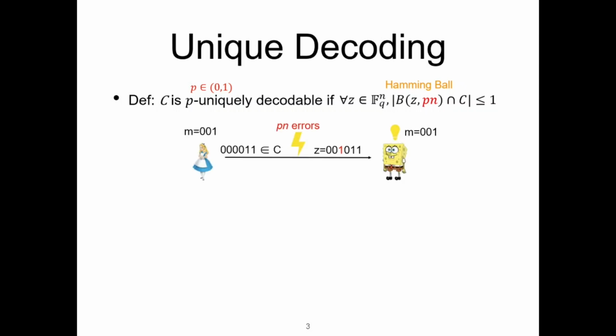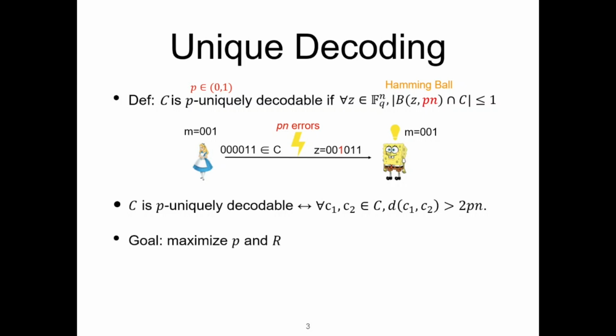So if the code is p-uniquely decodable, then it could correct up to p times n adversarial errors in a communication. And it's also easy to see that C is p-uniquely decodable if and only if the distance between any two different codewords in C is greater than 2 times p times n.